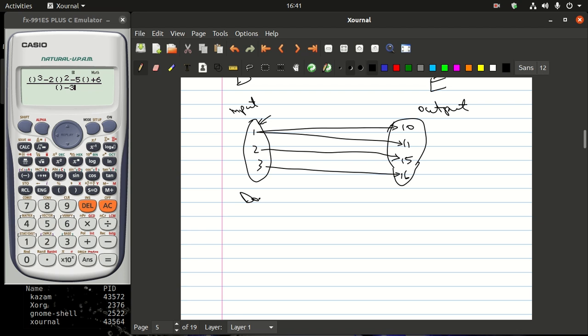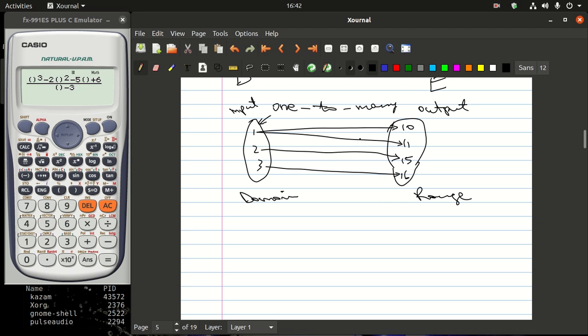Input means domain, output means range. Now that you have that, there is only one element on this side that has more than one output, many outputs. So this is one to many.